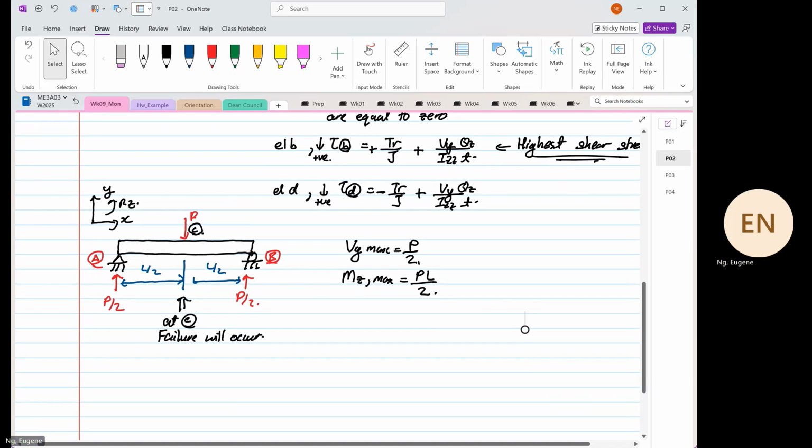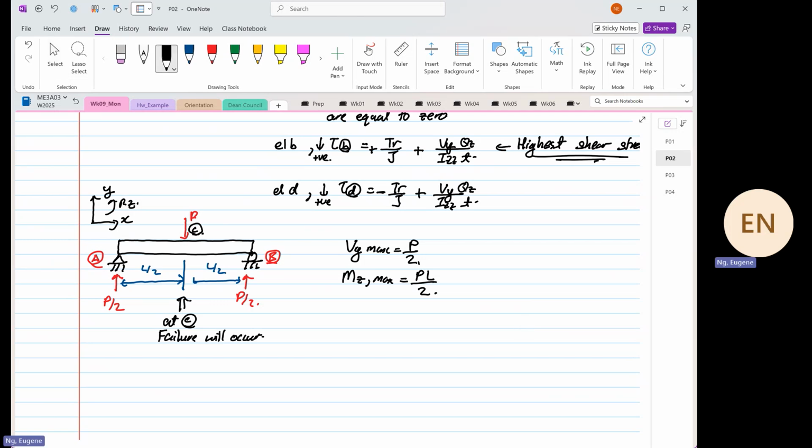Now, we are going to draw the cross section. So assuming that this is our cross section. Okay, again, this is our cross section.